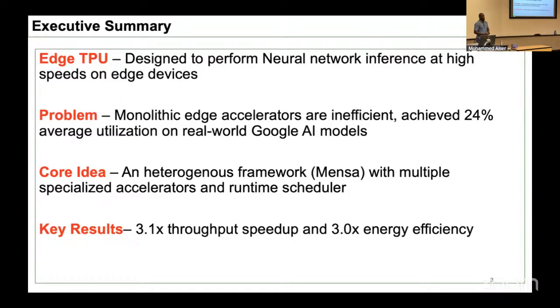And so the core idea is to design a heterogeneous framework that will allow you to run your neural network models on specialized accelerators that can handle specific workloads. The result of that approach, which I'm going to be describing later on, will be a 3 times increase in speedup and a 3 times increase in energy efficiency.